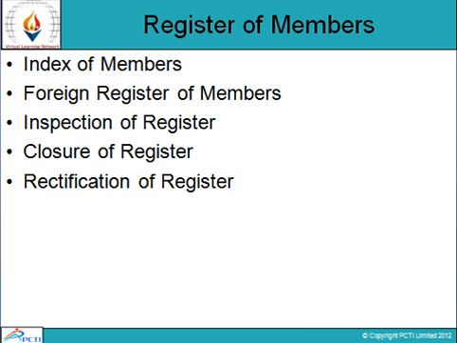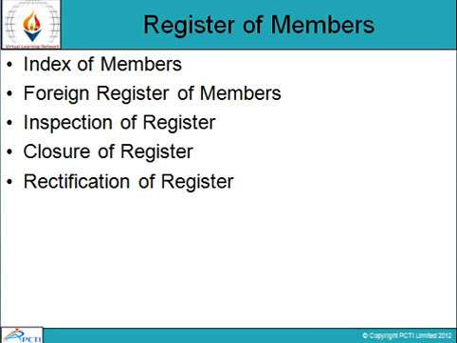Second, foreign register of members. A foreign register shall be deemed to be a part of the company's register of members. The company must keep a duplicate of every foreign register. A copy of every entry made in the foreign register must be transmitted to the head office in India, which shall record the same in the duplicate register maintained in it.